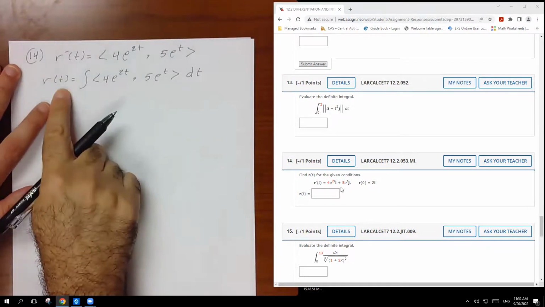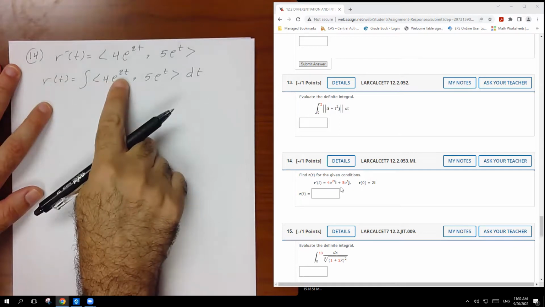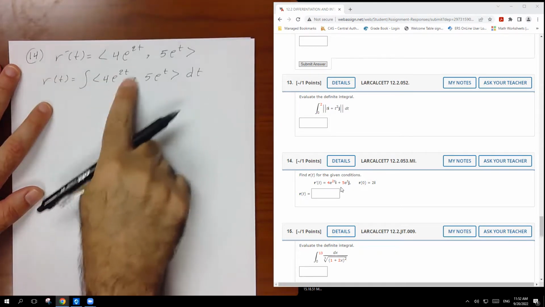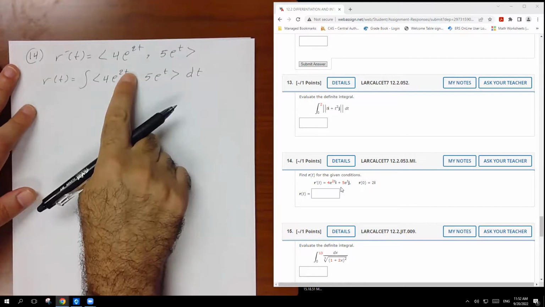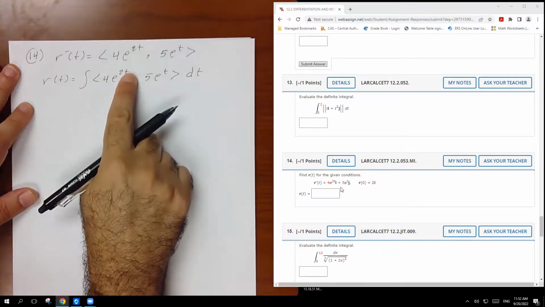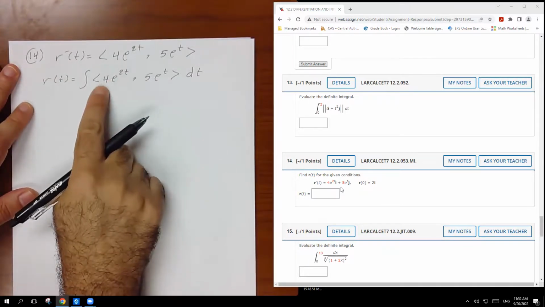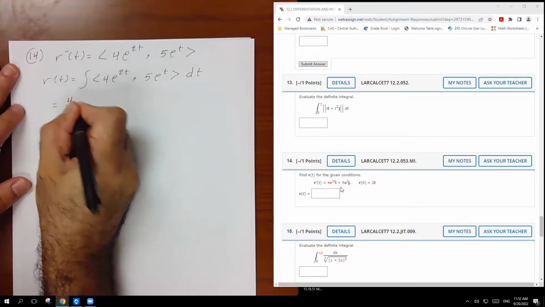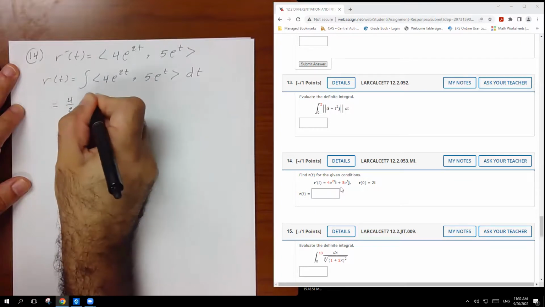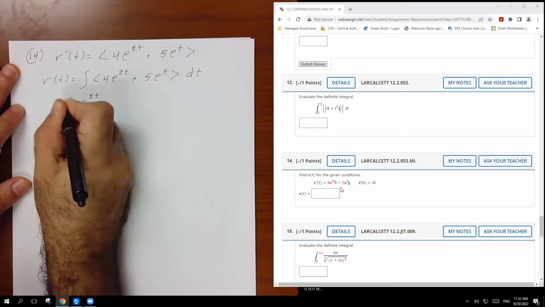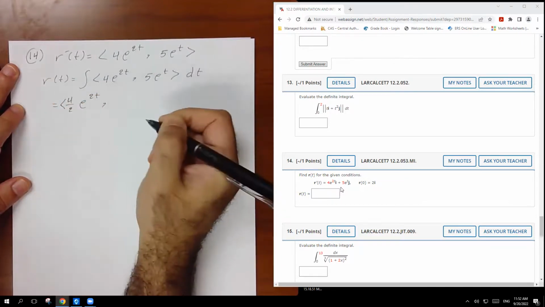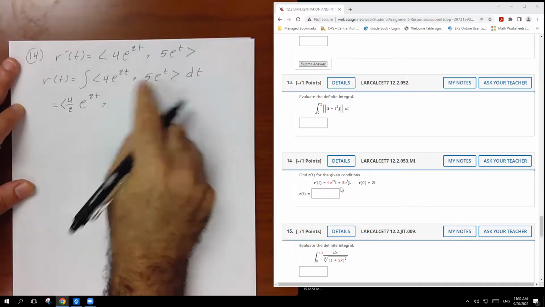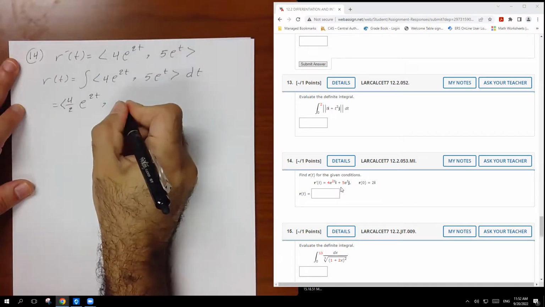So I'm going to find the integral for this one. 4 is going to go out. We're going to add 1 here. This is the same function. So it's going to be 4 over 2 e to the 2t. This is the first component. And for this one, you're going to take the 5 out, so still the same thing.